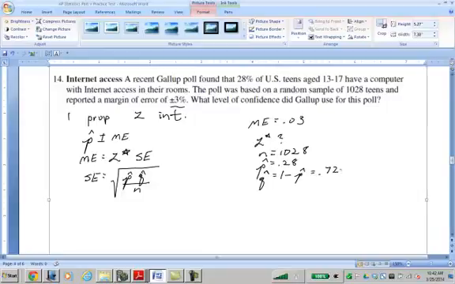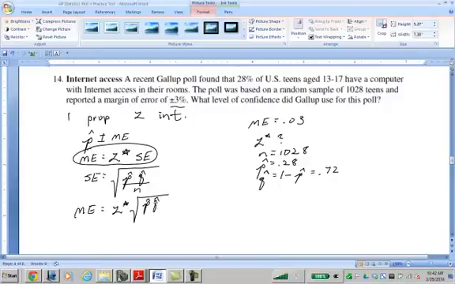Okay, so now we know all the pieces for this equation right here. Margin of error, let's break it out a little bit, equals z star times the square root of p hat times q hat over n. So z star is what we don't know.